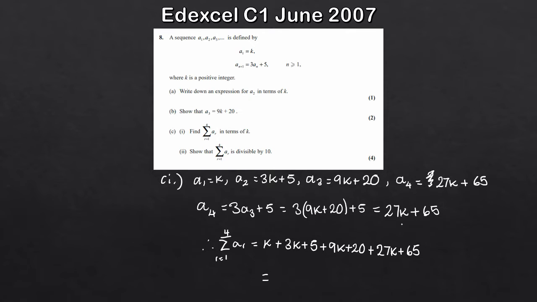And if we collect like terms here, what we obtain is 40k plus 90. Okay, so that's our summation there, 40k plus 90.